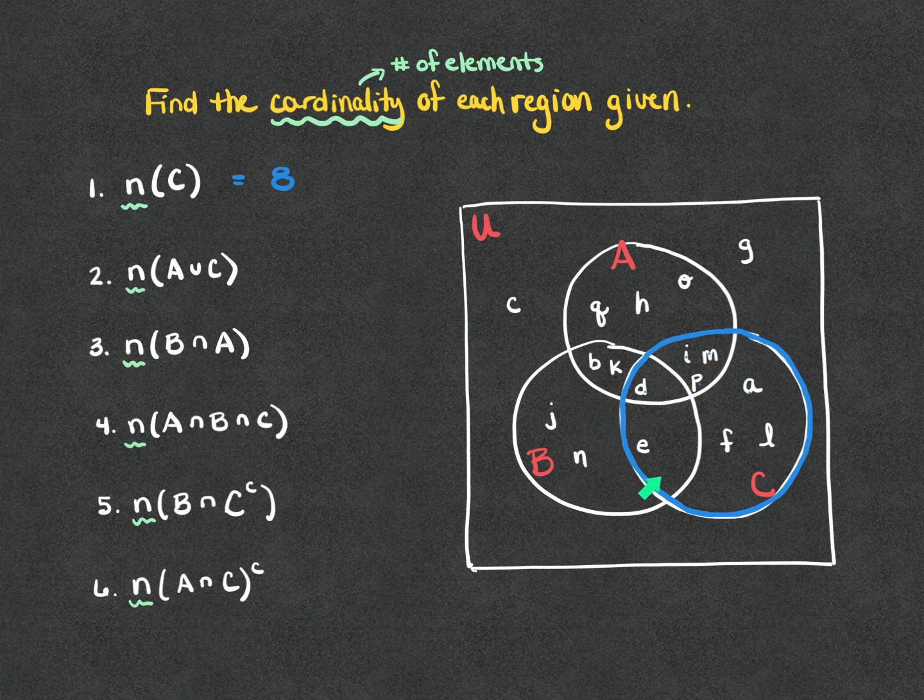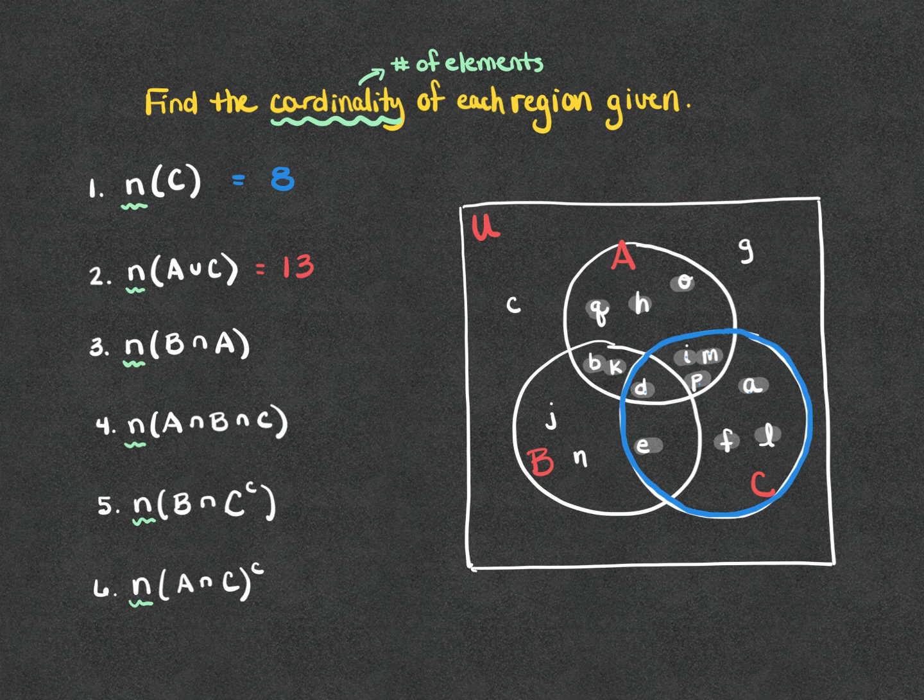And we're not going to double count the things that are in the intersection. Okay, we're going to count everything one time and one time only. So that would be 1, 2, 3, 4, 5, 6, 7, 8, 9, 10, 11, 12, 13 will be the cardinality for A union C.